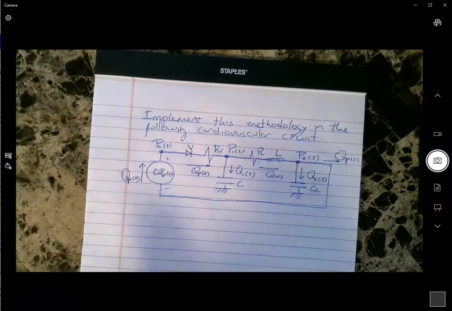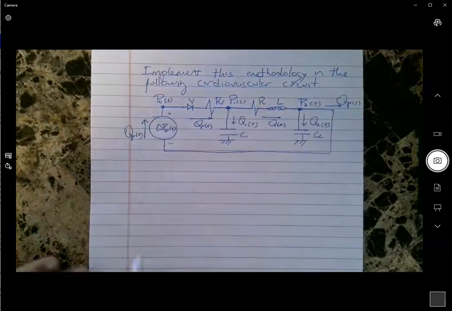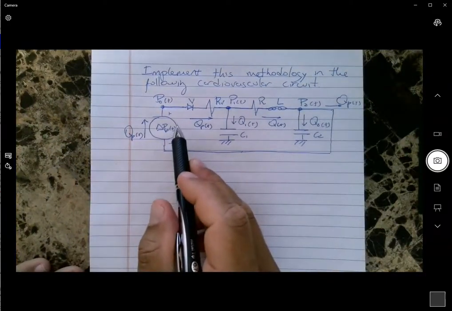All right, this is the same exact circuit that we analyzed last lecture that ended up having two switch states for when the valve is open and when the valve is closed.